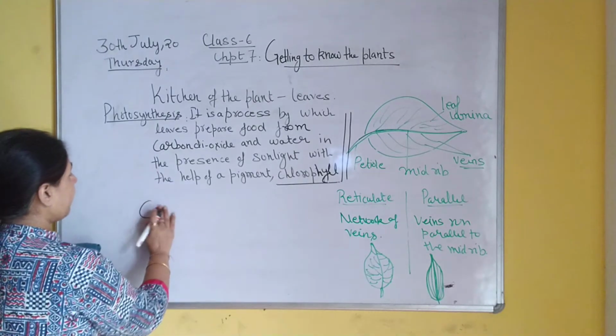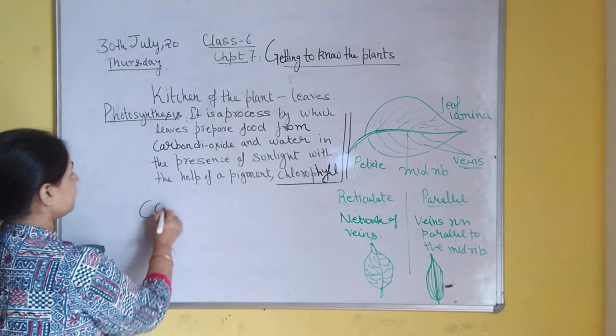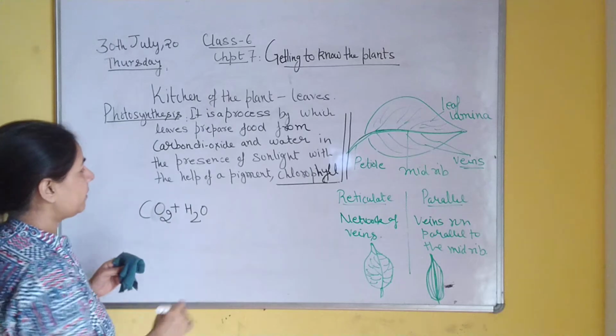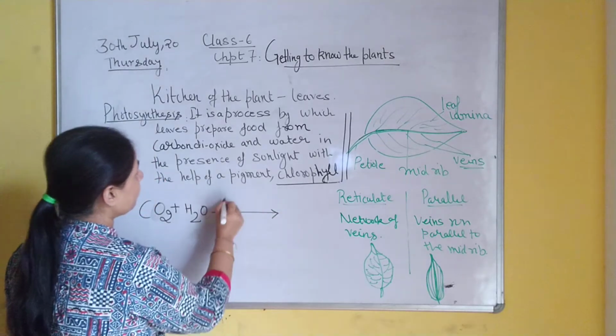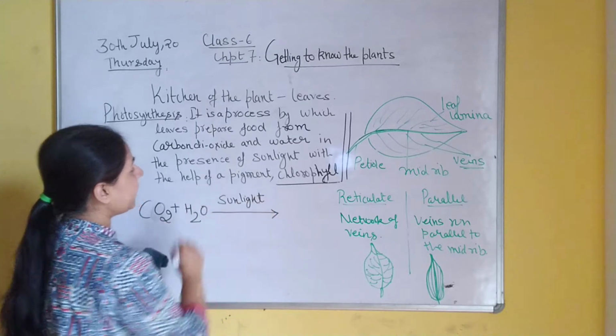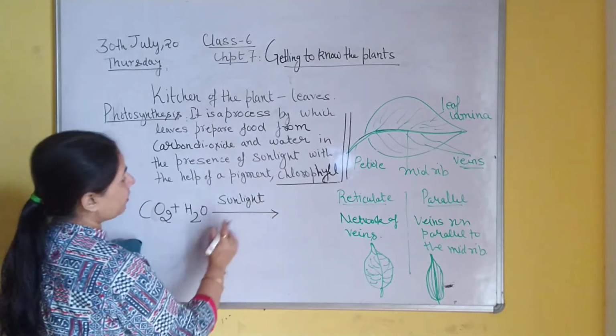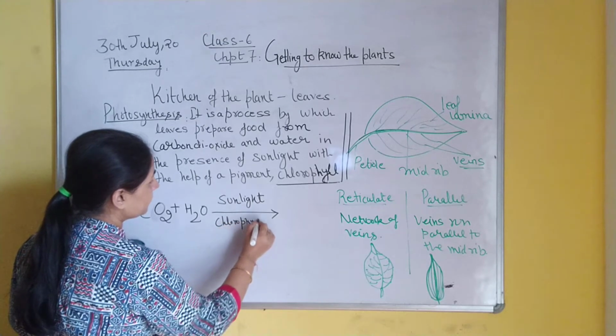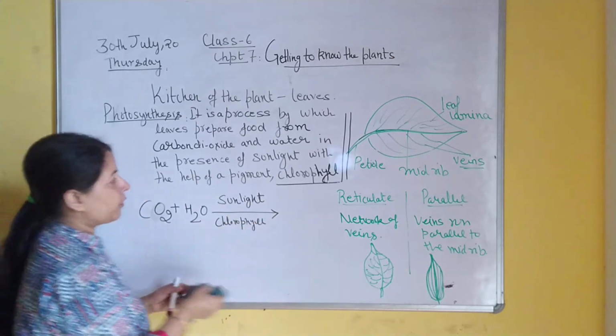So we will write carbon dioxide like this: CO2 plus water, H2O, in the presence of sunlight, which is an important component, and with the help of chlorophyll, we will get food.